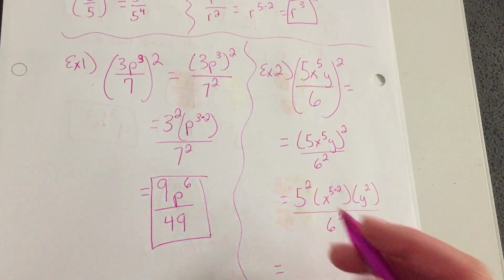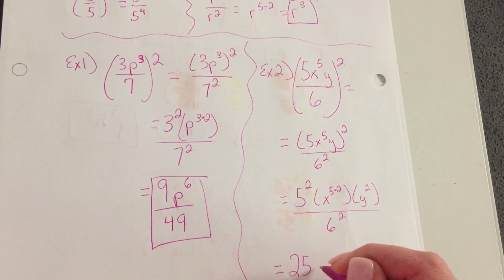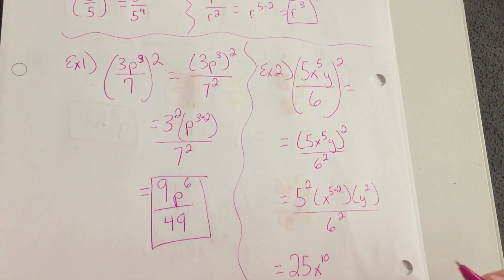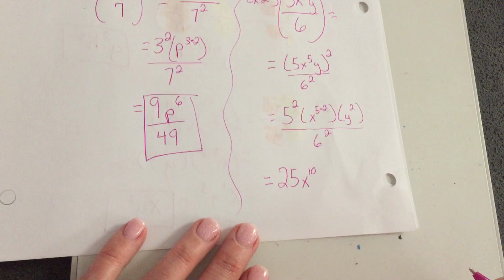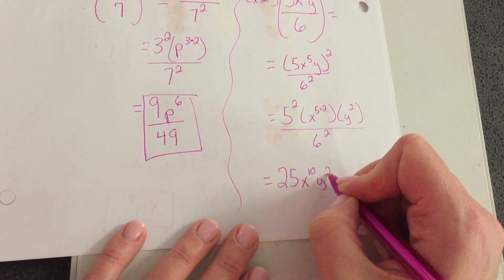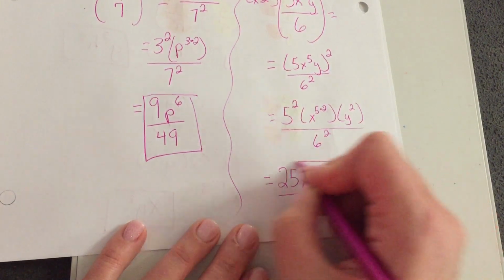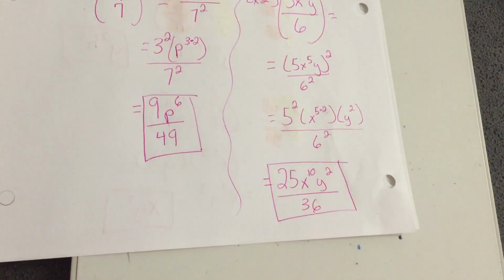Okay. 5 squared is 25. 5 times 2 is 10, so I have x to the 10th, and then you have y squared. 6 squared is 36. So you just have to make sure that you are separating everything out.